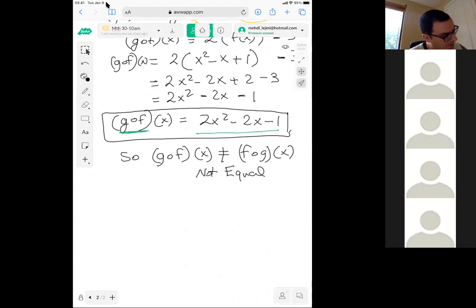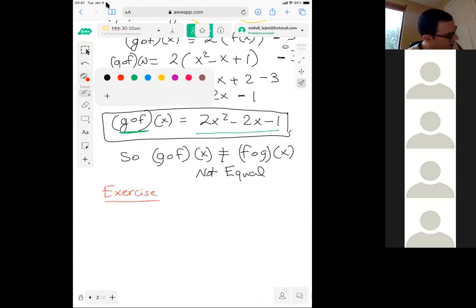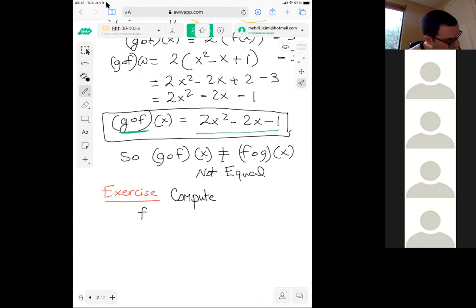So let's say, exercise. What you have to do is to find f composed with g of x and g composed with f of x.